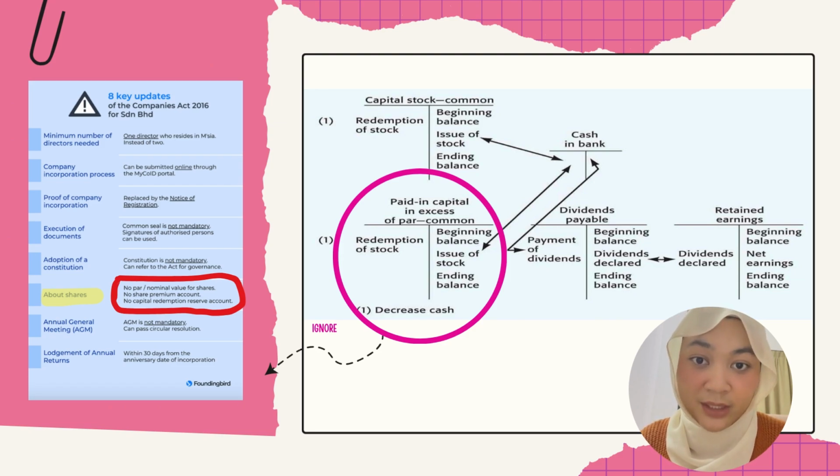The one that we were discussing just now is about shares. It is stated in the Companies Act 2016 that there is no par or nominal value for shares, no share premium account, and no capital redemption reserve account, as there is an abolishment in the Companies Act 2016.